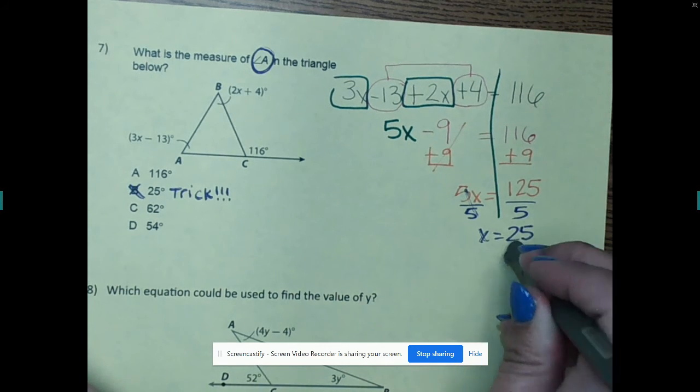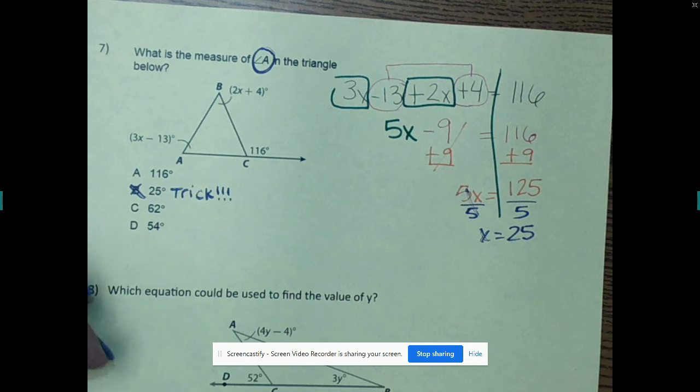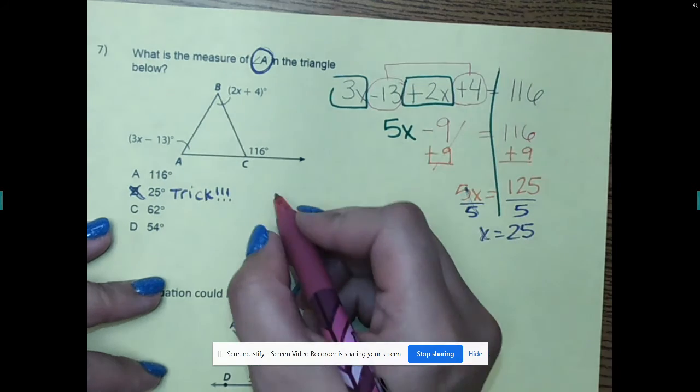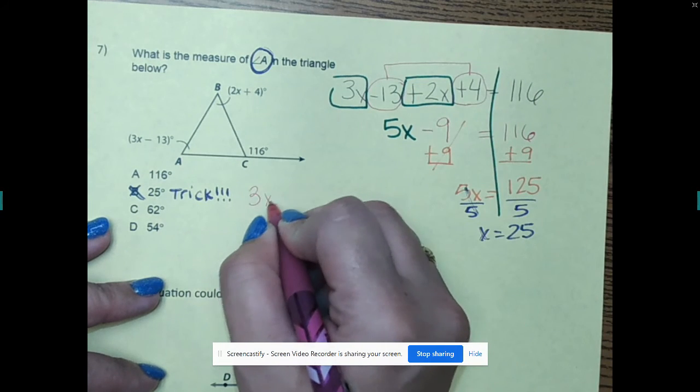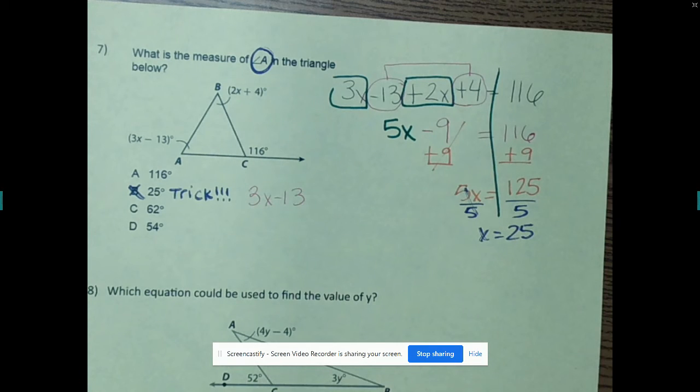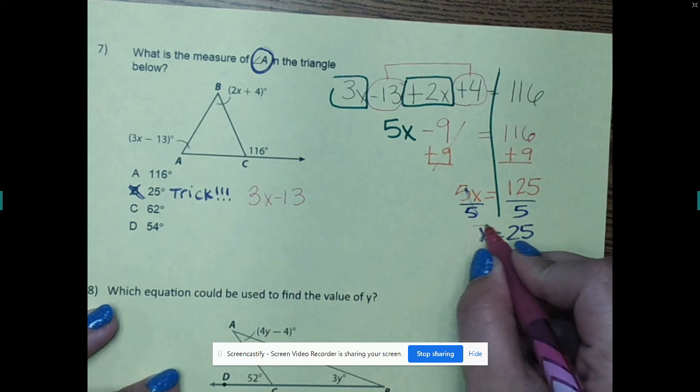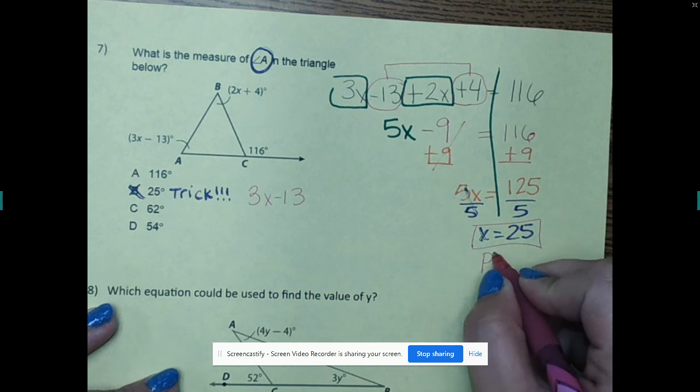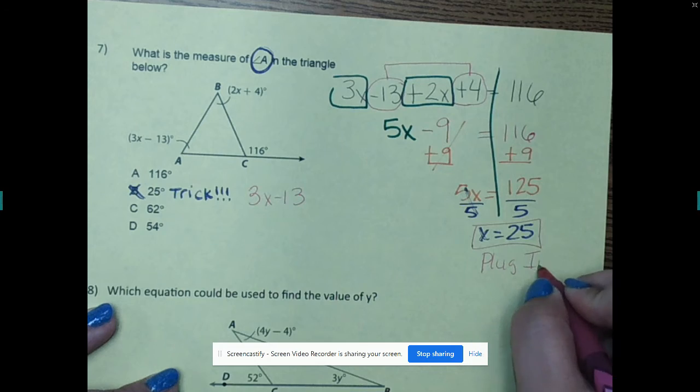This is x. How could I use x to figure out the answer? Can't you just do 3x minus 13? Okay, but what are you gonna put that it equals? 180. What if we just plug x in?